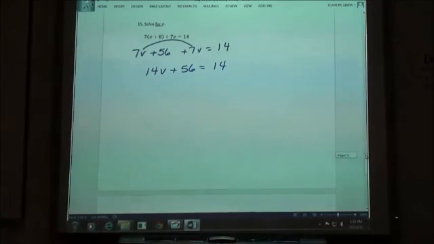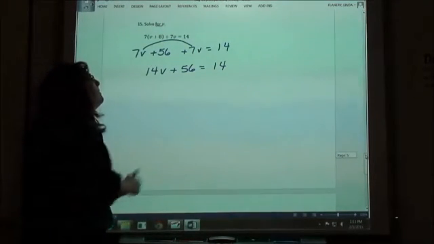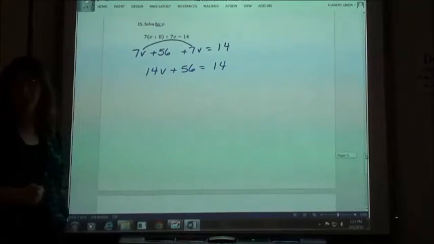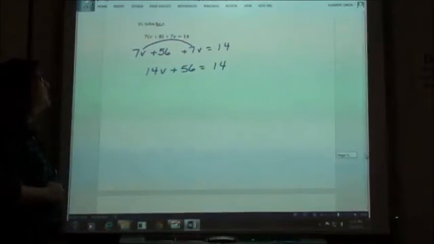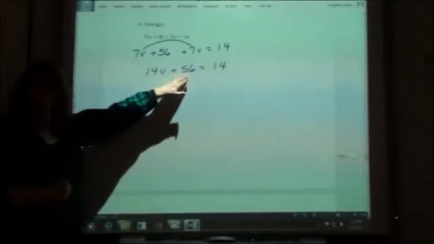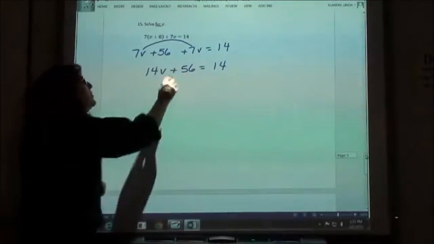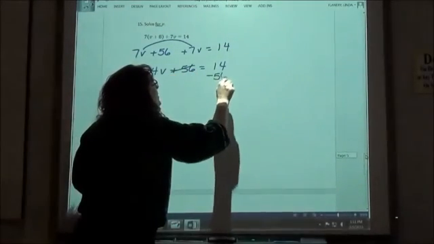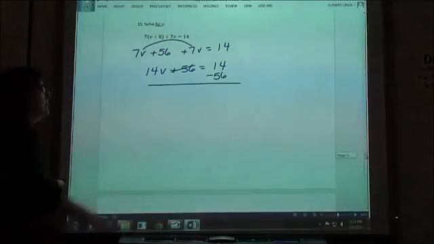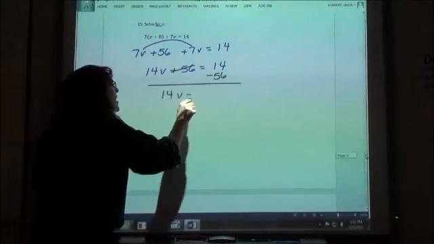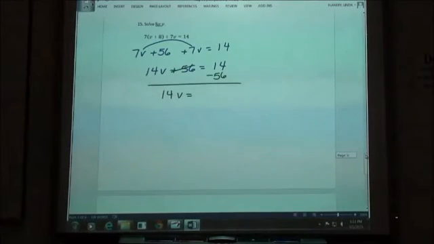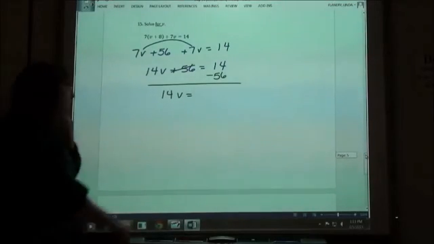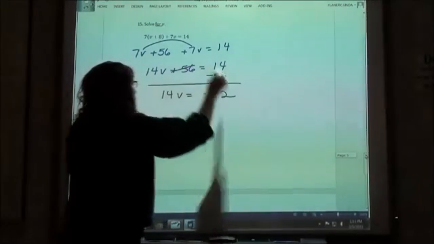So then, if I'm going to solve that for v, the next thing I want to do is, 14 divided by, no, minus the 56, right? We got to move that over. It's a plus, so we make it minus 56. 14v equals, if you take 14 minus 56, you are going to get negative 42.